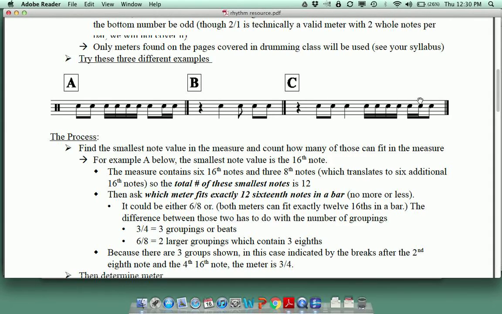So if you look at this, let's verify. I'm going to go from the end of the measure rather than the beginning. We can go both ways, but here's a group. Again, there's separation there. Another group, that's the second group. Here's a quarter note sitting all by itself. That's the third group. Pair of eighth notes, the fourth group. Quarter rest, fifth group. From the beginning, 1, 2, 3, 4, 5.